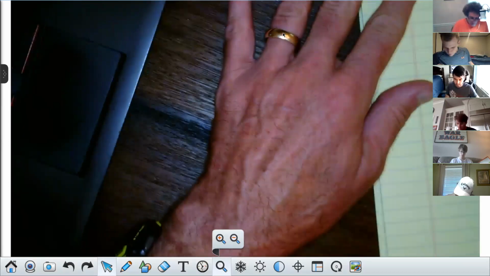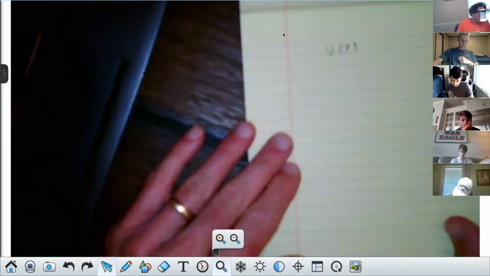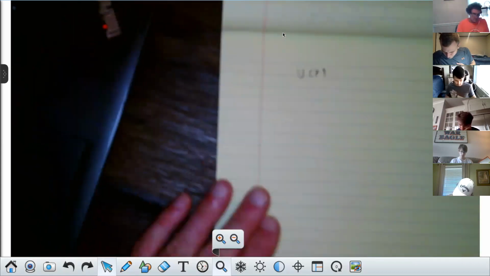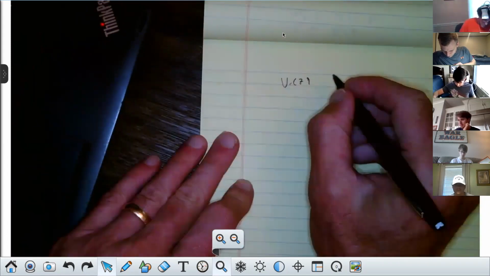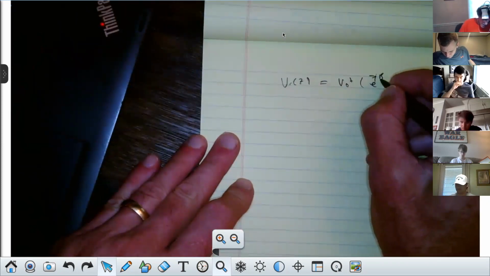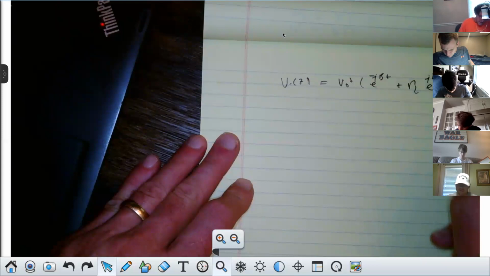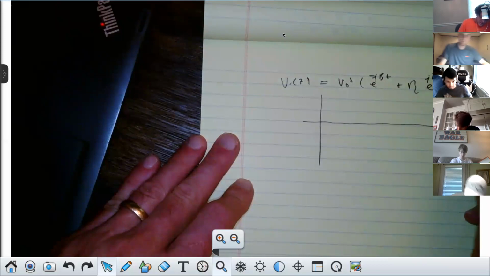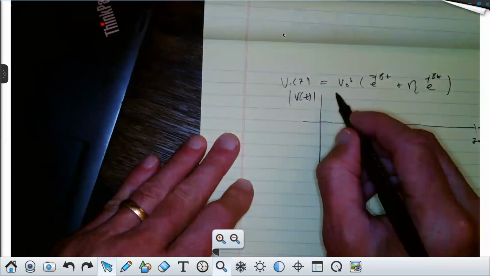Now, when we take a look at this equation, V of Z is equal to V0 plus times e to the minus j beta Z plus the reflection coefficient times e to the plus j beta Z. If we were to graph that versus Z, suppose the load is at 0, and we took a look at the magnitude of V of Z, what we'd see is this.